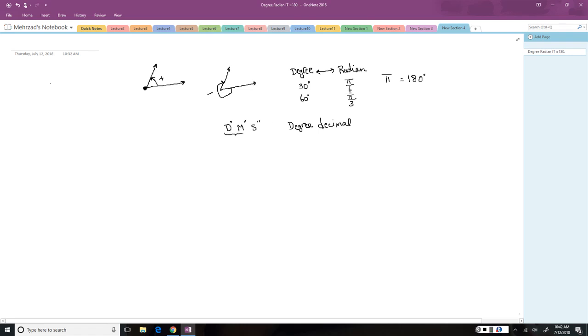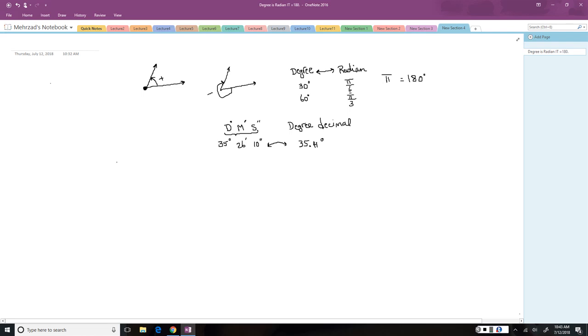It's just a conversion from saying specifically, for instance, 35 degrees, 26 minutes, and 10 seconds, to writing that as 35 point something, the decimal, let's say 35.44 degrees, or how to go back from the decimal that is given to you and break it into smaller parts of minutes and seconds. You will learn that.